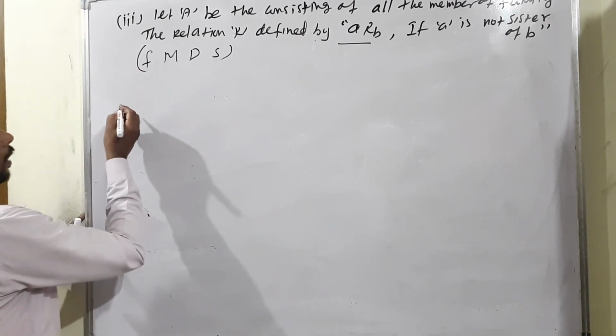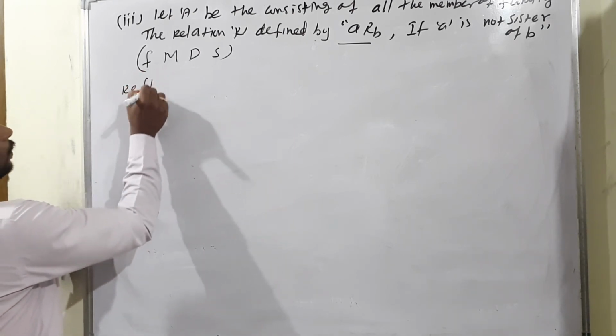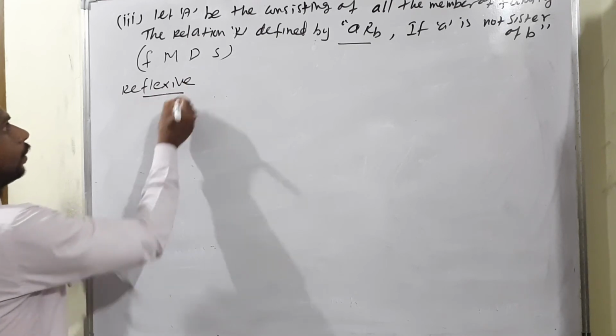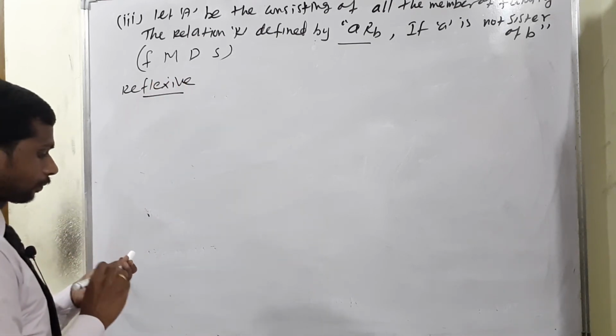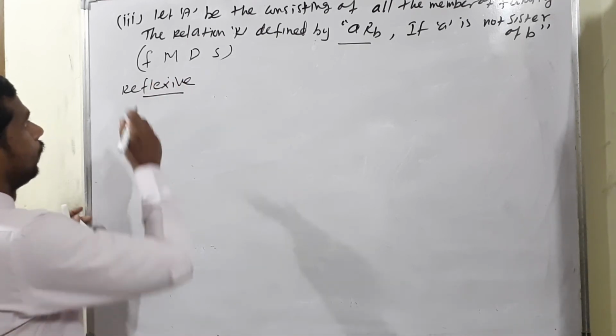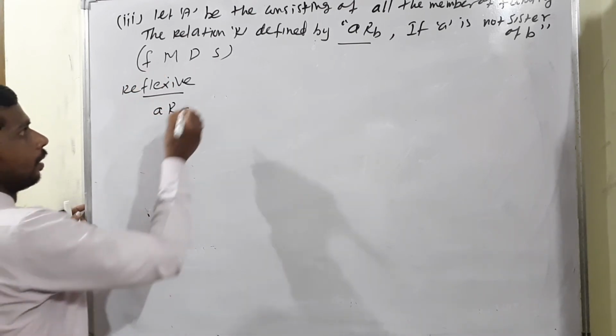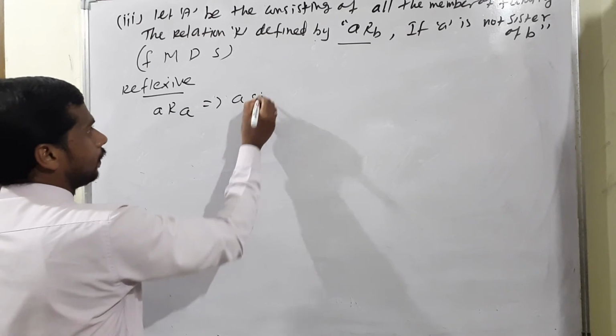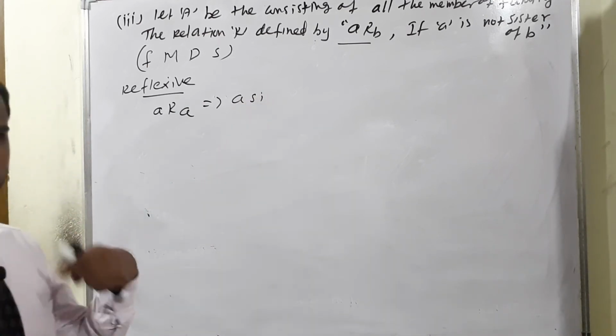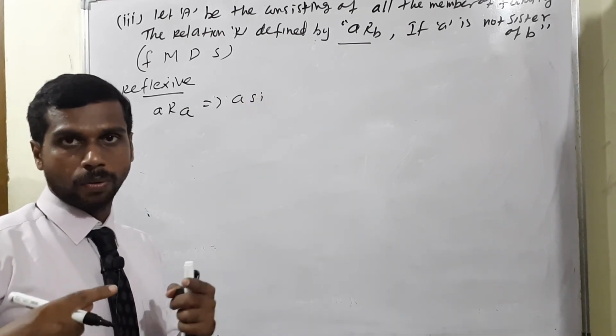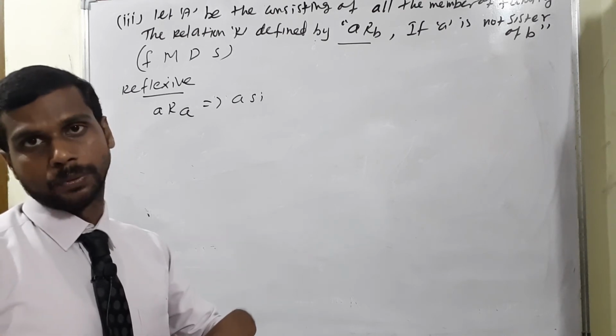I'm moving to condition number 1, reflexive. So what is the meaning of reflexive? Definitely A related to A, isn't it? Definitely, one person cannot be a sister of the same person.